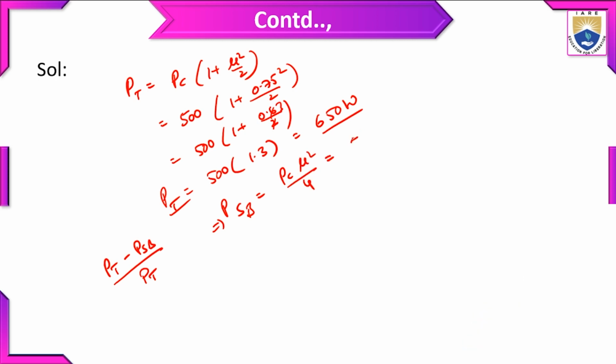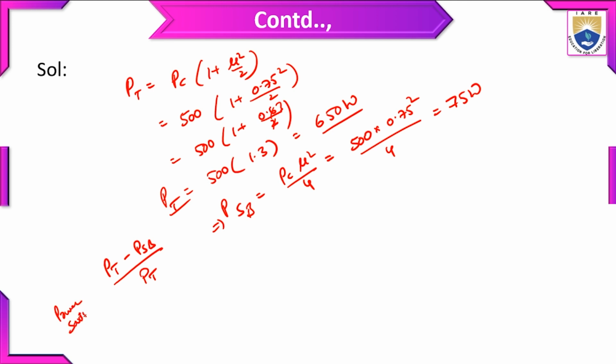So what is PC? 500, times mu square, where the mu value is 0.75 square, divided by 4. So how much? 75 watts. Okay, and this is the power saving.